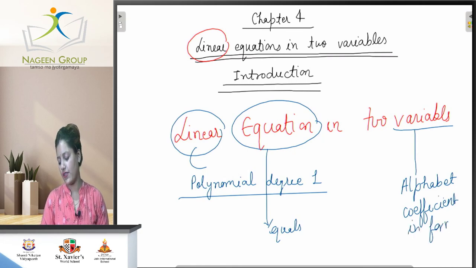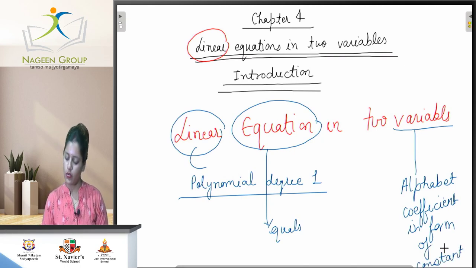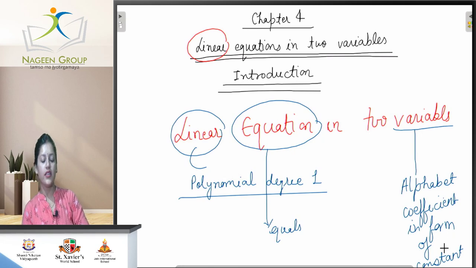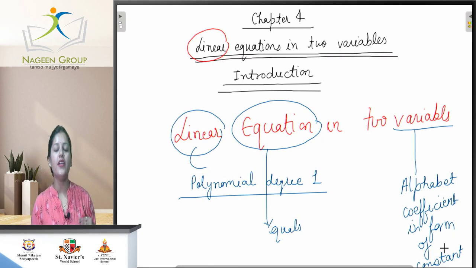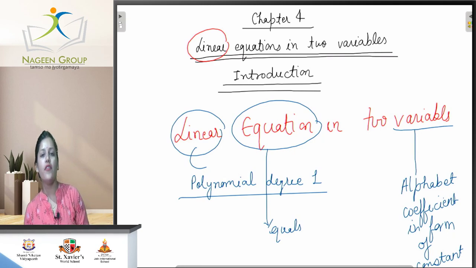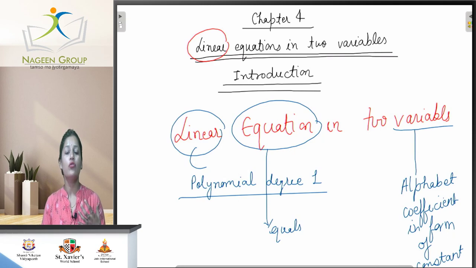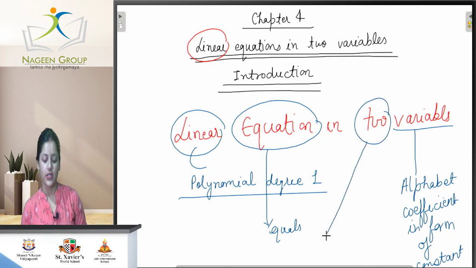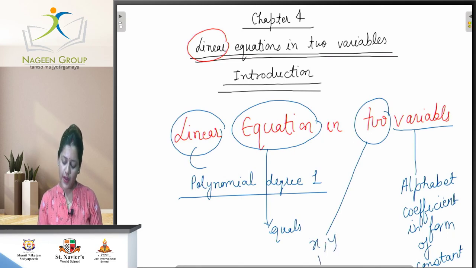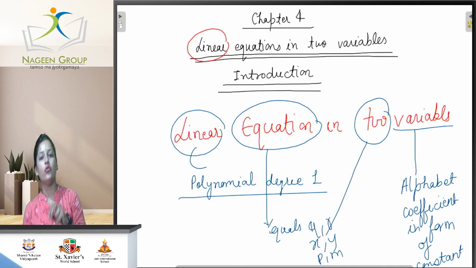So what have you learned? Linear means a polynomial having degree 1, equation means equals, and variables means alphabets whose coefficient is a constant. The 2 shows that there are two variables, which can be anything: x y, p m, q r, anything which has two variables.